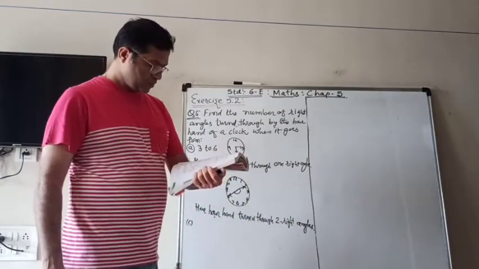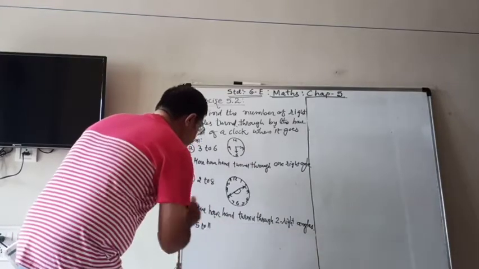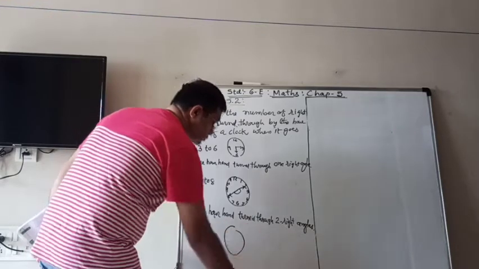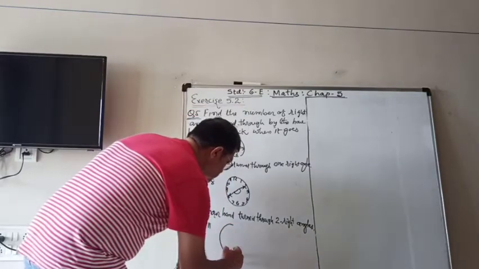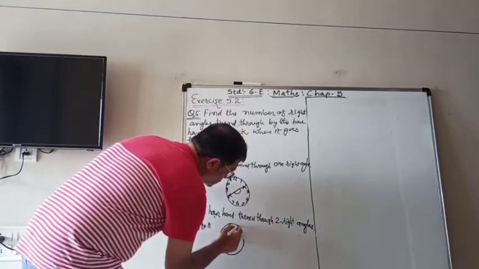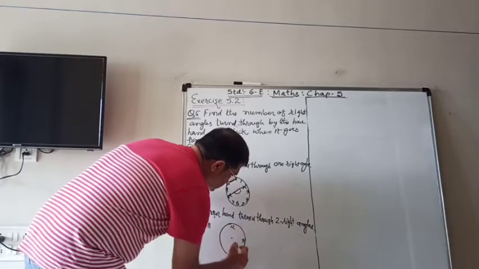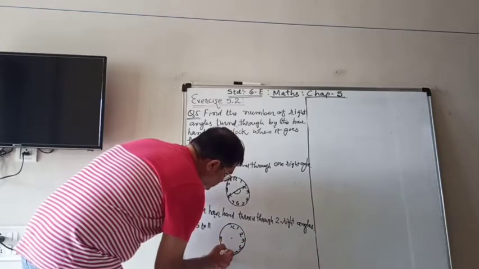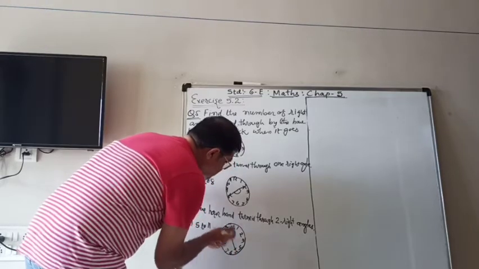C, it says 5 to 11. Twelve, 3, 6, 9, 1, 2, 4, 5, 7, 8, 10, 11. 5 to 11, same position like that.